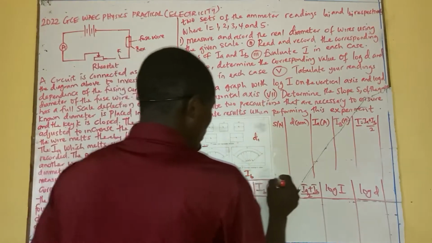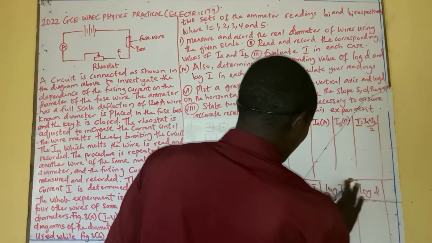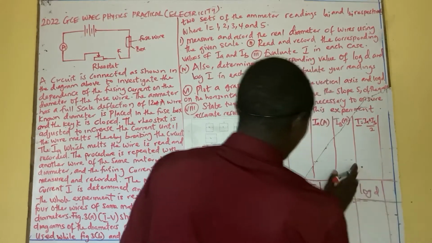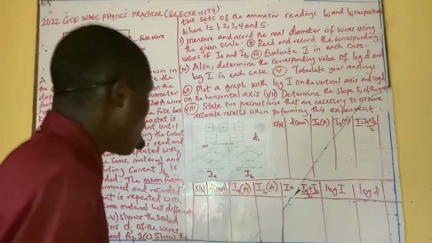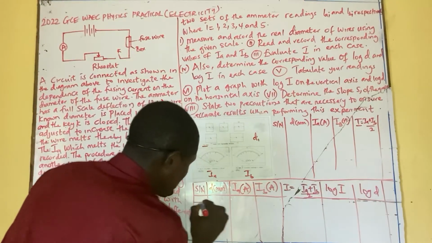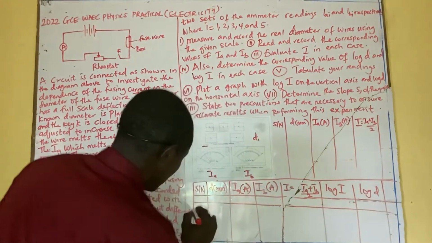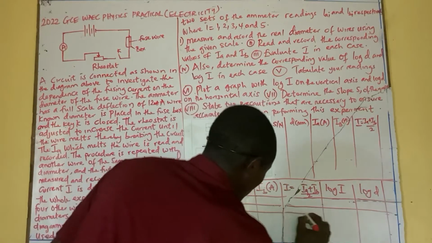That's that about that. Now don't forget we have 1 to 5. So let's quickly do that. Line 1, line 2, line 3, line 4, then line 5.